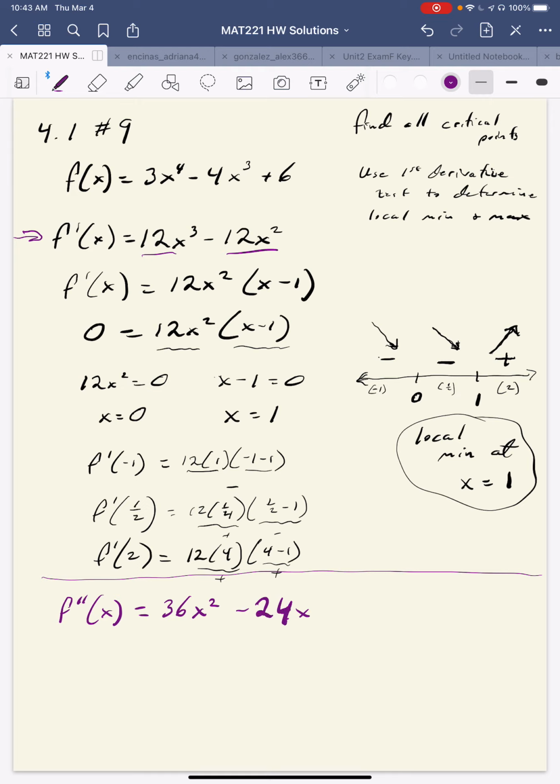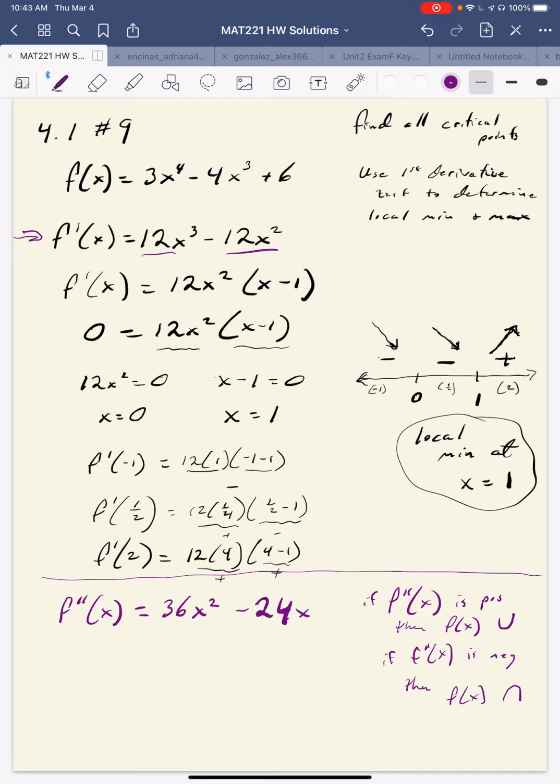Now I know that if my second derivative is positive, then my original function is concave up. Likewise, if the second derivative is negative, then the original function is concave down.